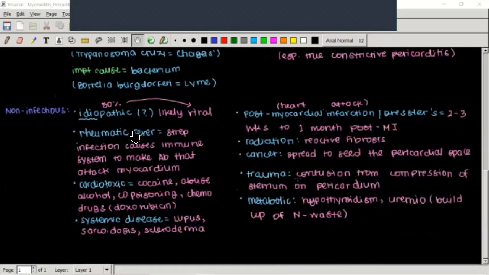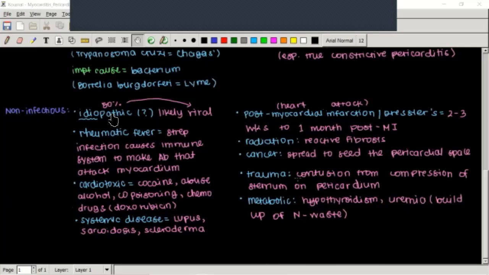So the non-infectious, we got idiopathic. Idiopathic comes like from idiotic, which is something that we don't know. And 50% is viral, so it's likely viral. We'll also have rheumatic fever.